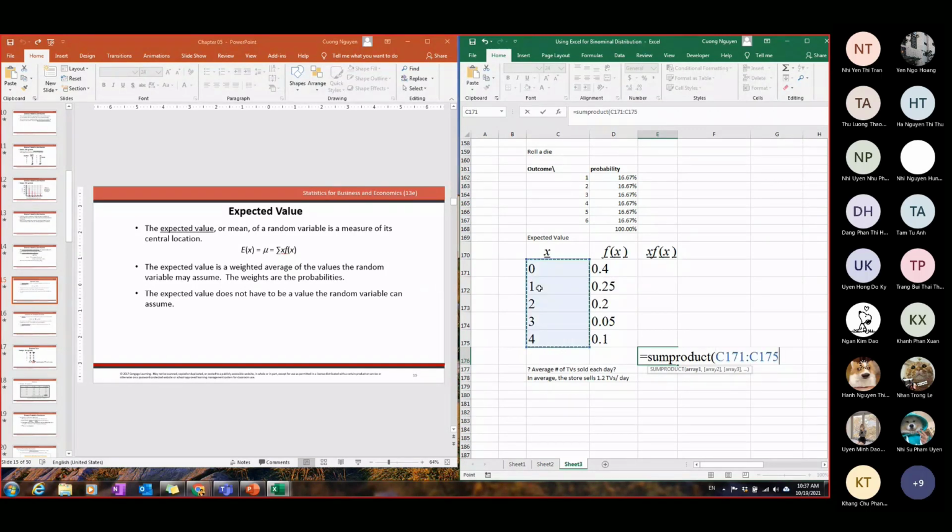My first array is from 0 to 4, the second array is this one, and that should be all. I click, and that should be 1.2. So I don't have to calculate these intermediate steps, which saves a lot of time.